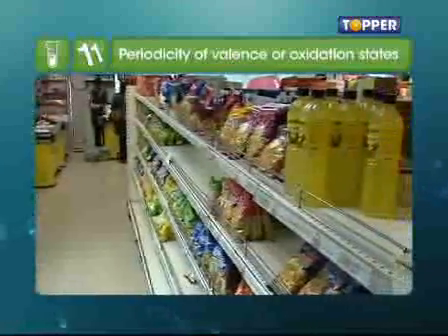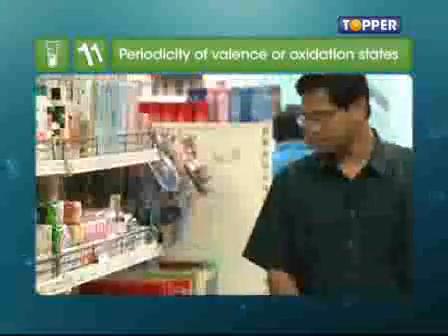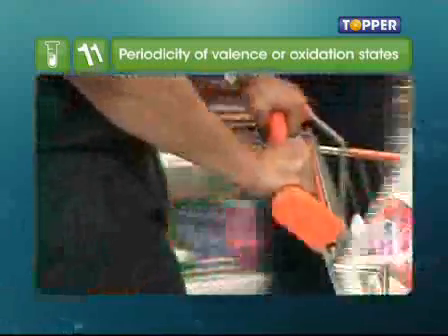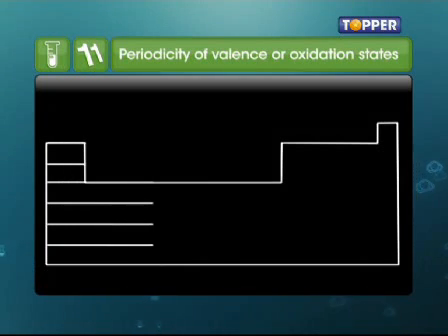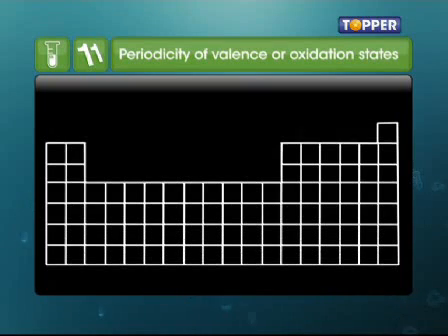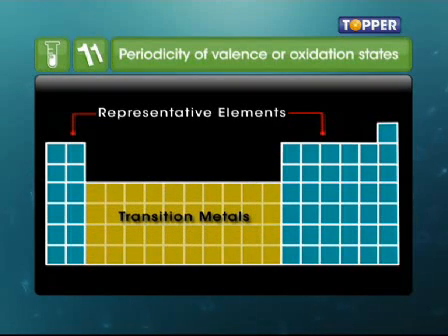In the beginning of the show, you saw how items in the supermarket were arranged according to their category. In the periodic table too, there are such categories which help us locate and identify elements. Two of these categories are transition elements and representative elements.